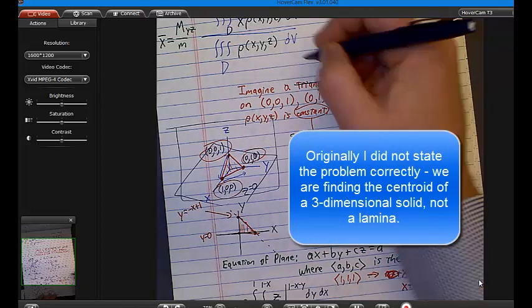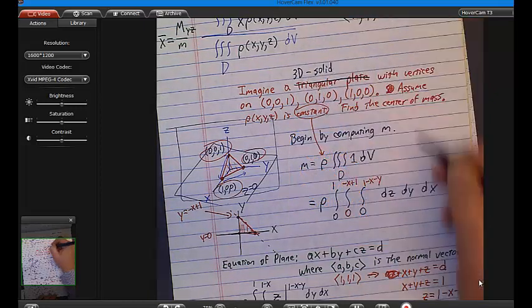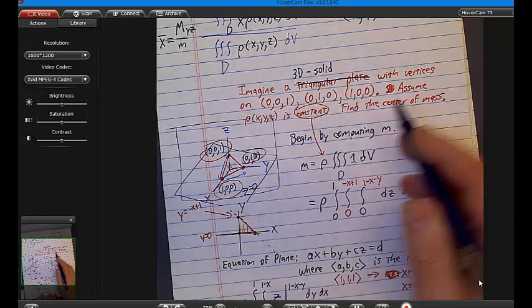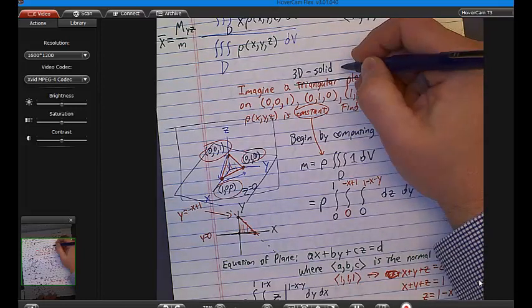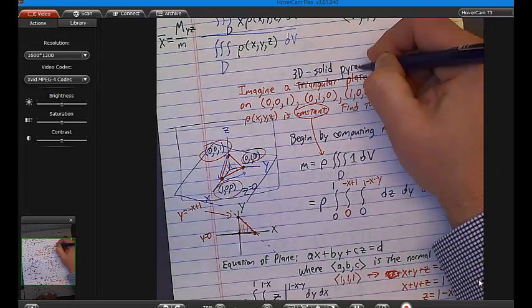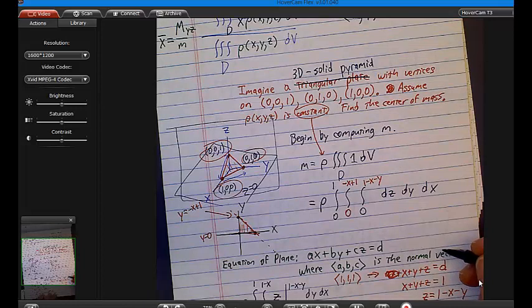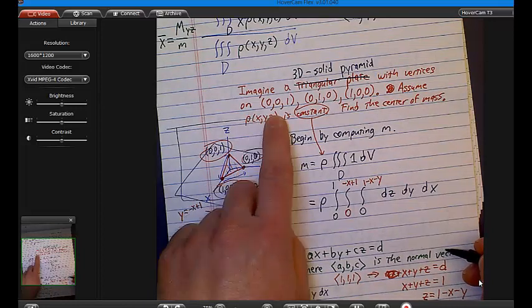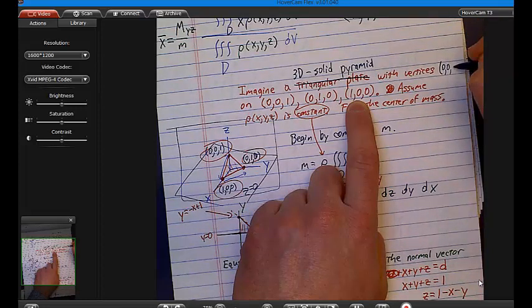Yeah, I want a three-dimensional solid with vertices. Well, I guess there's 6 vertices I have. A three-dimensional solid pyramid, let's say. That's what we really did. So you want to make the note for yourself? What are the vertices? Yeah, they're still here, but we also have another vertex at the origin.